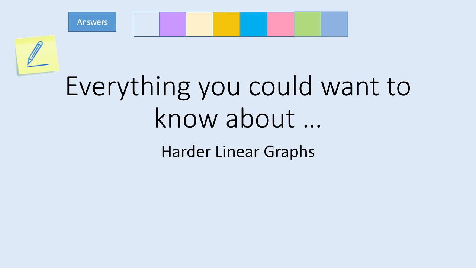This is part two of the intervention for linear graphs. The first part dealt with how to find equations of a straight line, the gradient of a straight line, and how to find our y-intercepts as well.